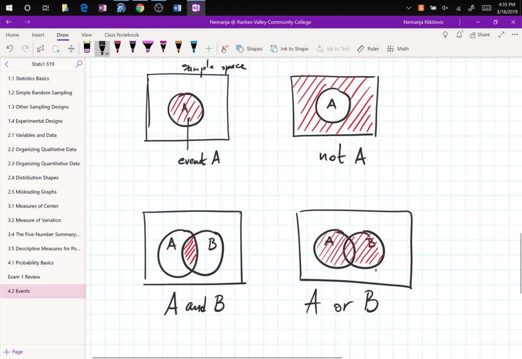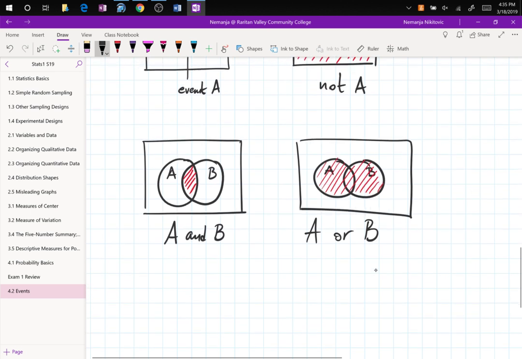The event A and B is very restrictive, very to the point. I want this, and nothing else makes me happy. Which is why it's shaded in the middle where A and B have common ground. So if I want a red card and a face card, it's very particular, right? So what is a red and a face?